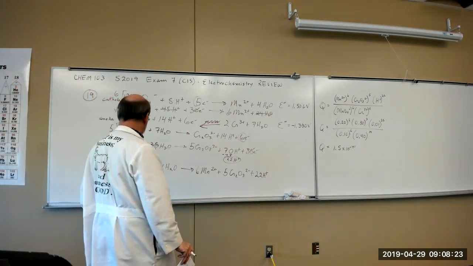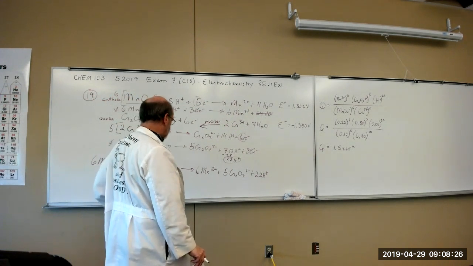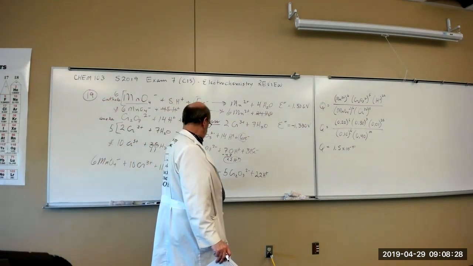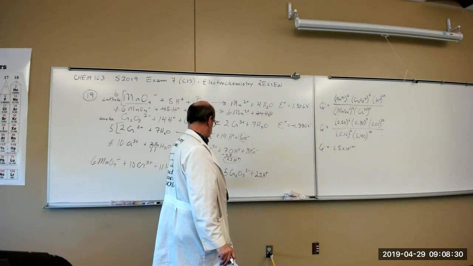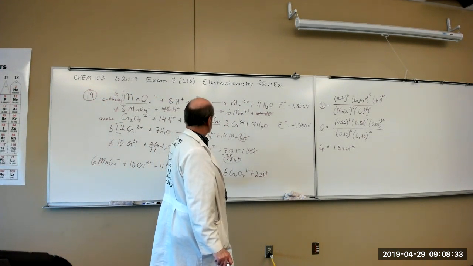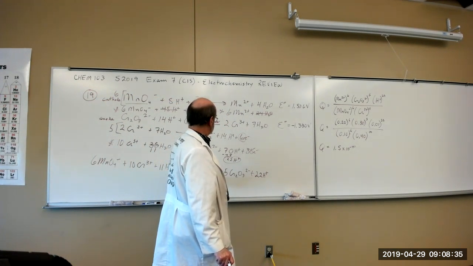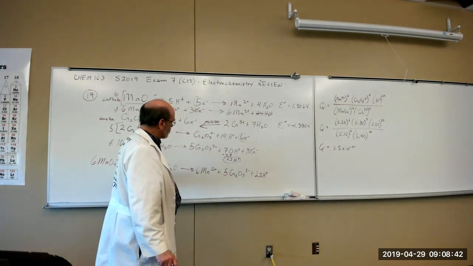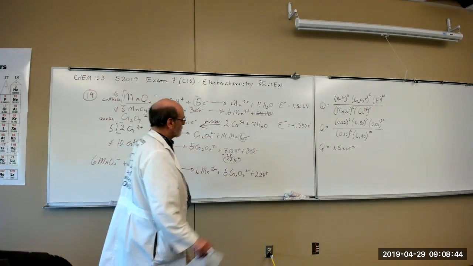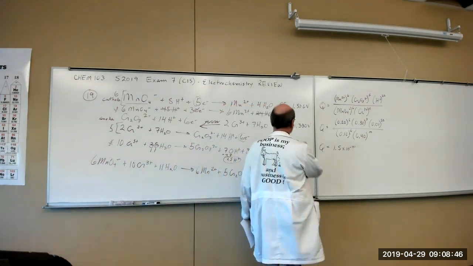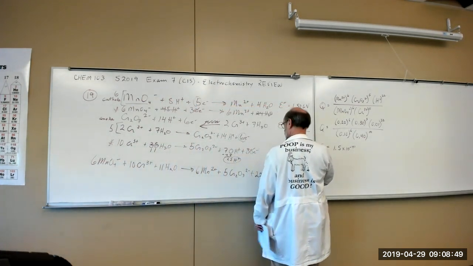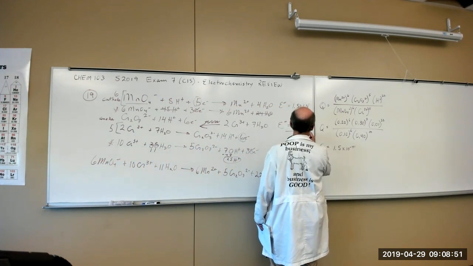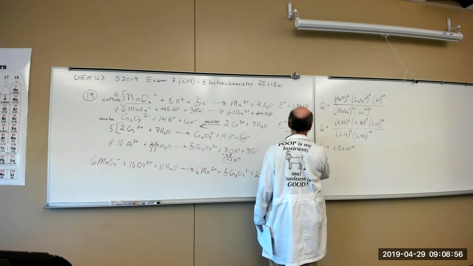So what does that tell me? That tells me that this side is very, very, very small. So the equilibrium position is primarily to this side. Mm-hmm. Yet the voltage is, let's see, 6, 7, 1.